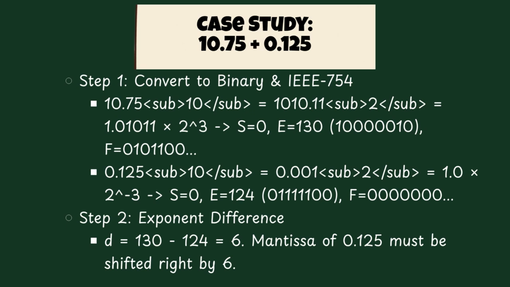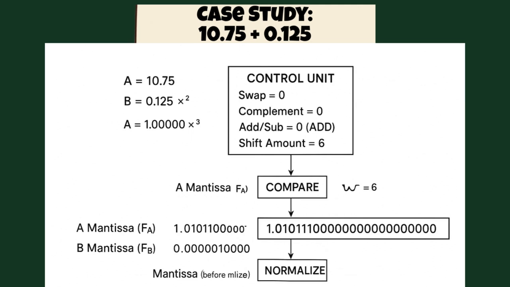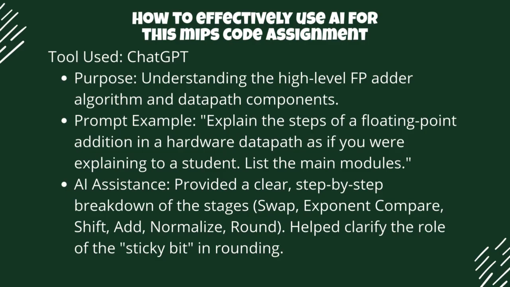Their exponents are 130 and 124 respectively. So the exponent difference is 6, meaning the mantissa of 0.125 is shifted right by 6 positions before addition. After alignment and addition, the number is normalized and rounded. The final result matches the expected value of 10.875, showing that the FP adder functions correctly.